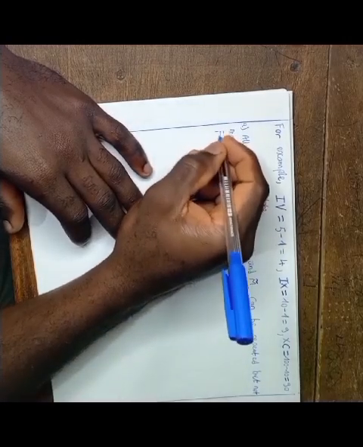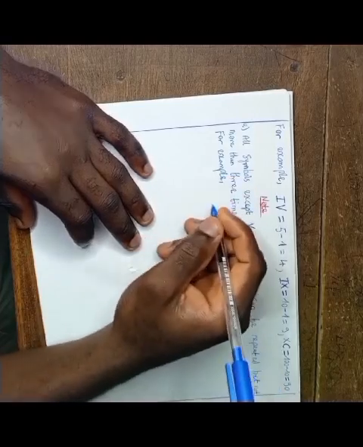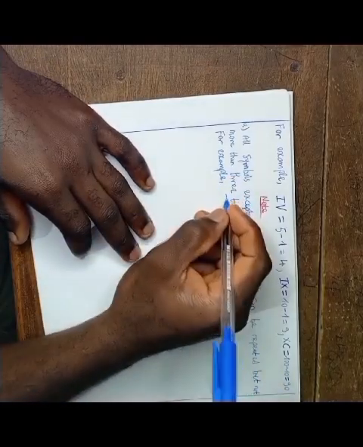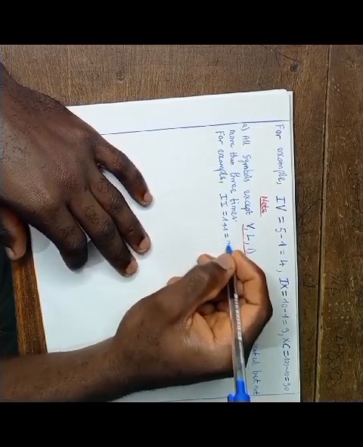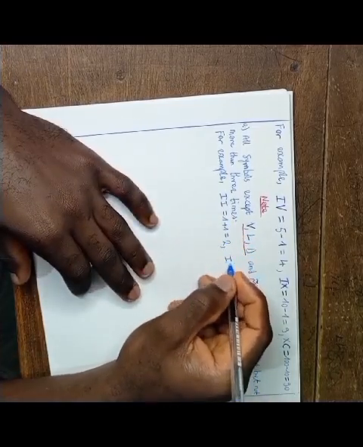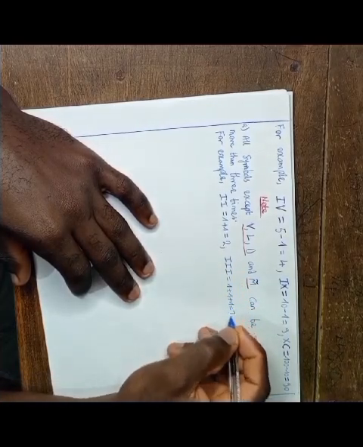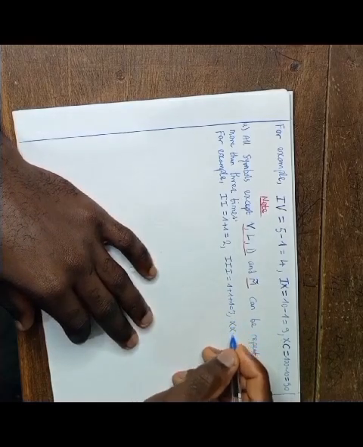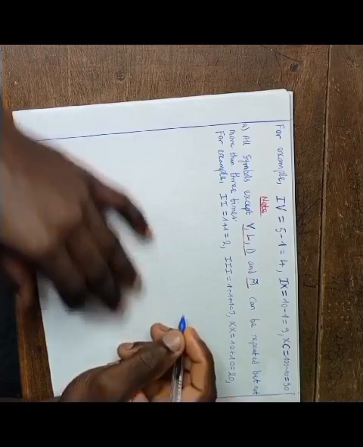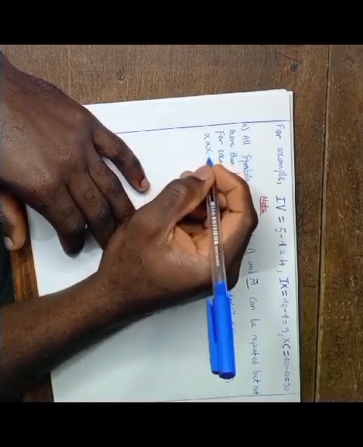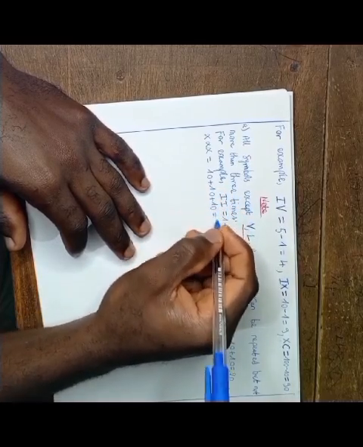For example, we take I, which is the same as 1 plus 1, which is 2. Take I, 1 plus 1 plus 1, which is 3. Next, X gives us 10 plus 10, which is 20. X gives us 10 plus 10 plus 10, which is 30.